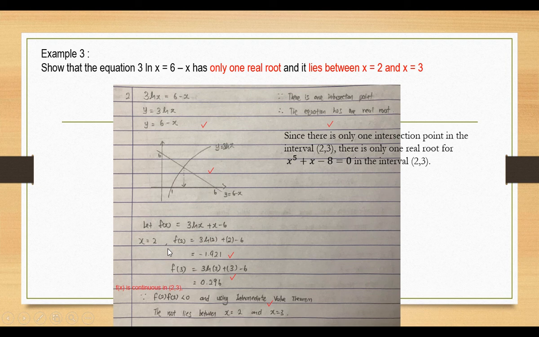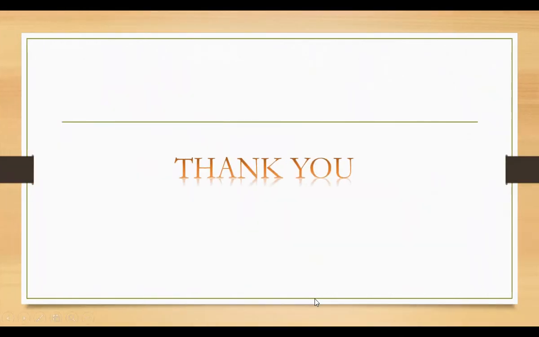We substitute 2 and 3 into the equation, then we get f(2)·f(3) less than 0, but you have to state that f(x) is continuous in [2, 3]. Since f(2)·f(3) is less than 0, using the IVT the root lies between x equals 2 and x equals 3. Okay, thank you.